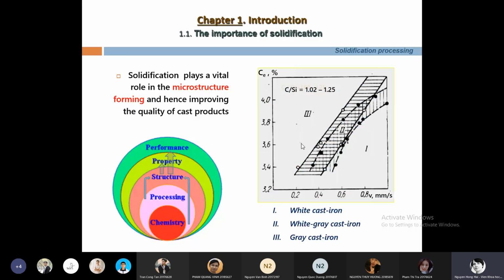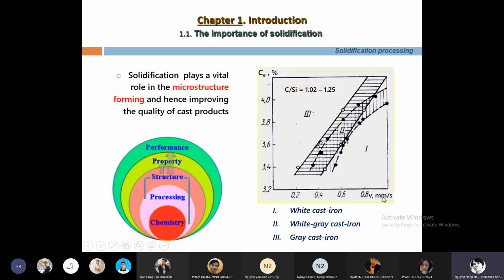You have the example of the cast iron. In this coordinate, you have the chemistry or chemical composition. It's the percentage of carbon in the cast iron. That's the chemistry, and in this axis, we have the solidification rate.